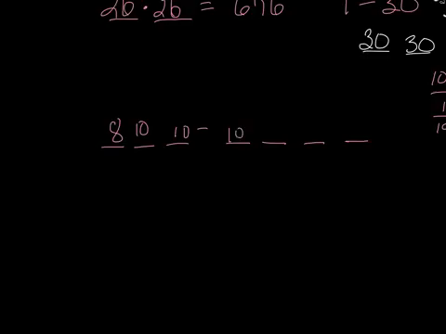And then 10, 10, 10, and 10. So we've got 1, 2, 3, 4, 5, 6 zeros, and it's going to be 8 followed by 6 zeros. So we have 8 million numbers that are possible within an area code.